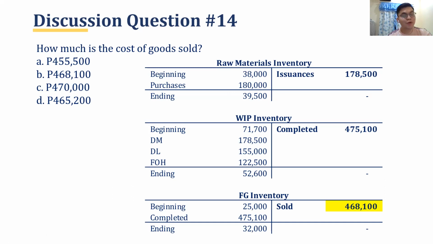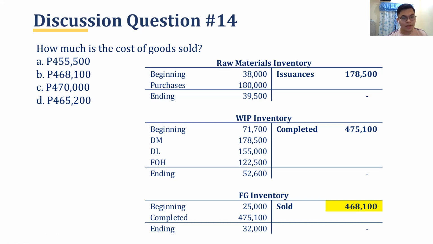Sige, para sure tayo na hindi nagkamali with the calculation, i-check lang natin yung arithmetic. You have 38,000 plus 180, that's 218, minus 39.5. So that's 178,500. Forward mo lang siya dito sa work in process inventory.